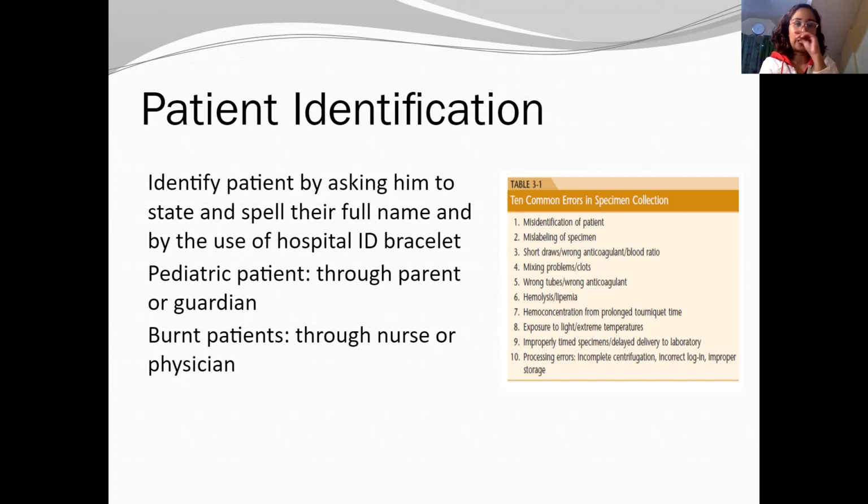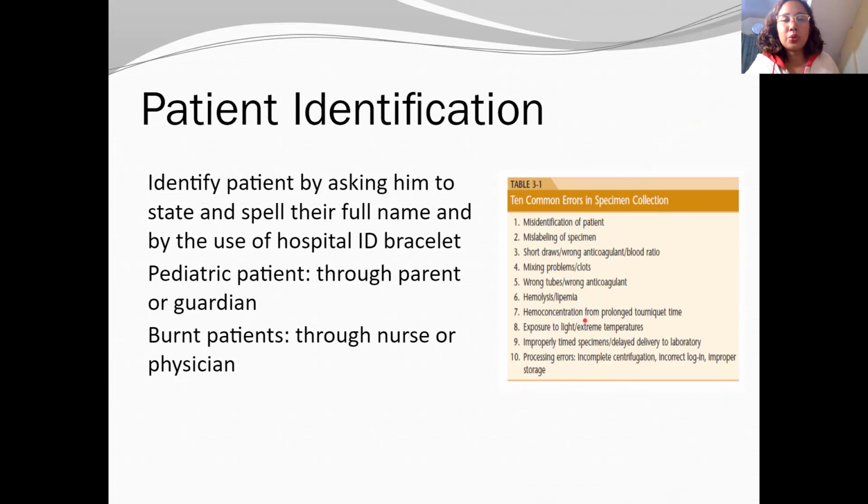So here are the 10 reasons for errors in specimen collection. Okay, just screenshot this from Henry's. So mislabeling, short draws, which happens sometimes. Some students are so focused on getting the blood inside the hub, but the tube is underfilled or overfilled.